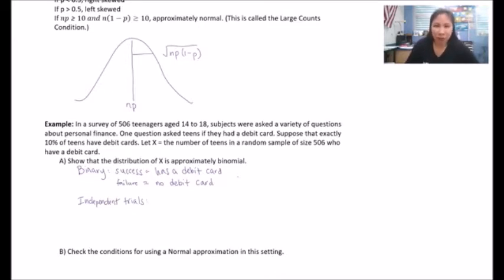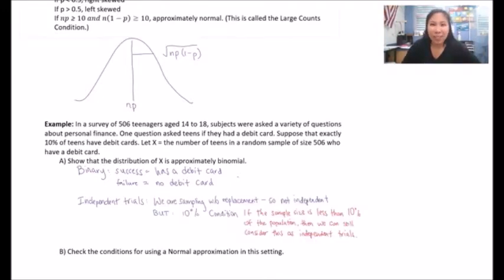However, to get around this, there's something called the 10% condition. The 10% condition says that if the sample size, for us 506, is less than 10% of the population, so if you think about 10% of the population as our sample size, that would mean our population should be 10 times our sample size of 506.